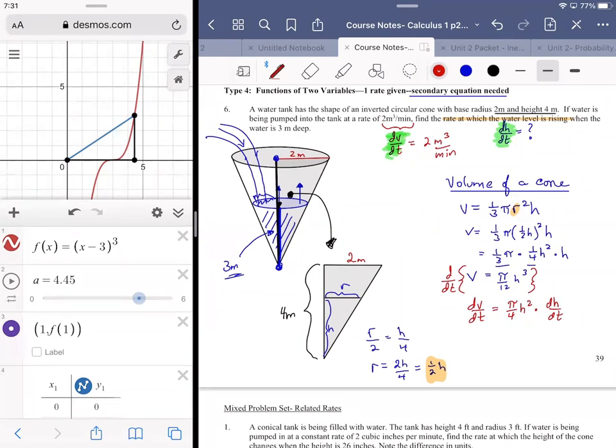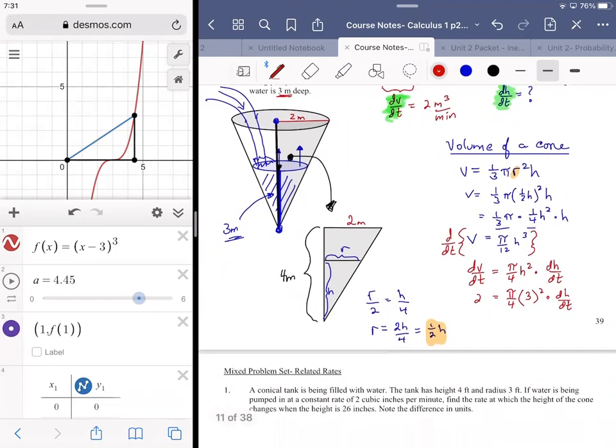So 2 is equal to pi over 4 h. They told us take note of when h is equal to 3. So 3 squared times dh/dt. So 2 would be equal to 9 pi over 4 times dh/dt.